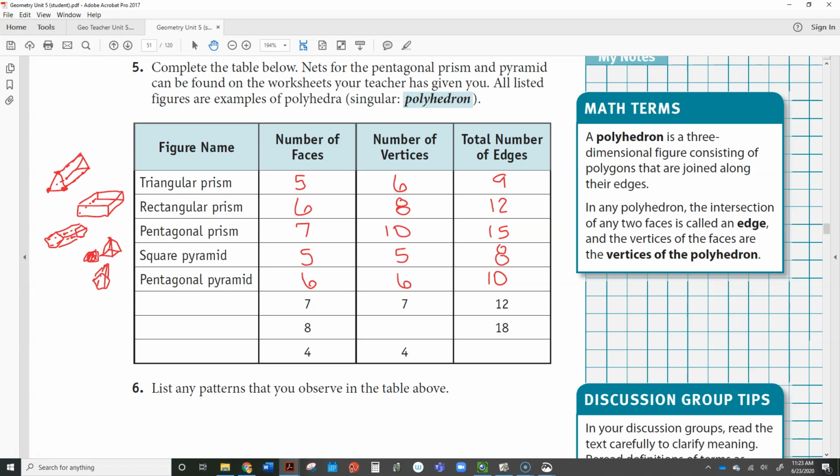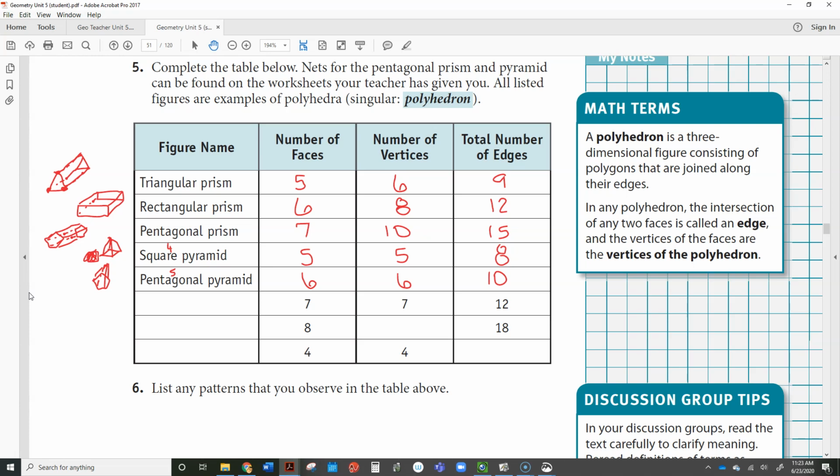Now they want me to see if it has 7. Now pay attention. A square has 4 sides. A pentagon has 5 sides. And on this one, I had 5 bases. On this one, I had 6 bases.